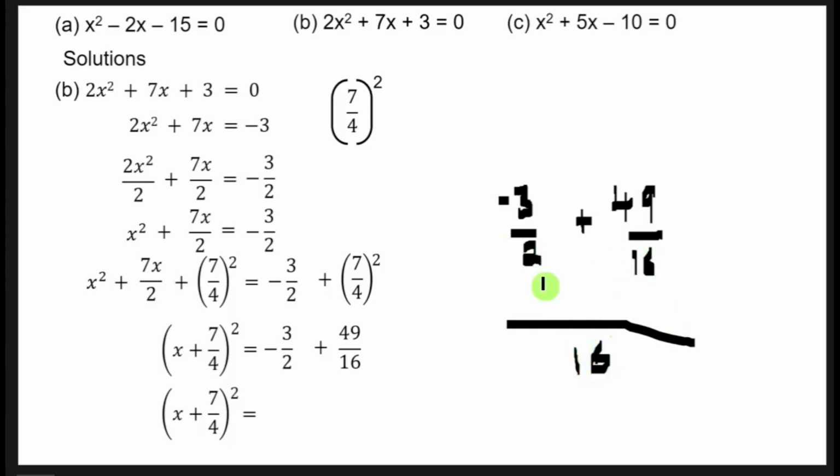Then you say 2 into 16 is 8. Then 8 times negative 3 will be negative 24. That's what it's supposed to be.